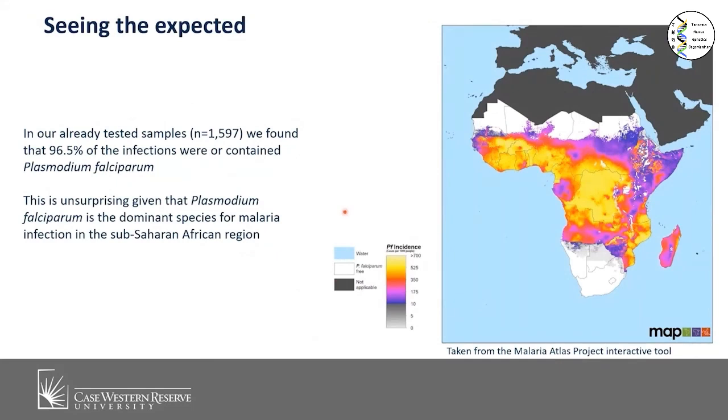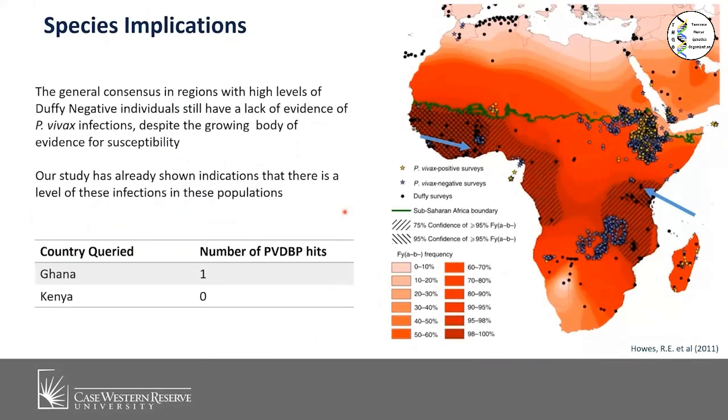But what we're actually also detecting is something that has not been published on. To date, there hasn't been any indication that Plasmodium vivax is existing in Ghana, which I have pointed out here. Now, the reason for that is because in these dark red regions you see in this map here, there is a very, very high level, and it's not labeled here, but this right here is the frequency of Duffy negative individuals.